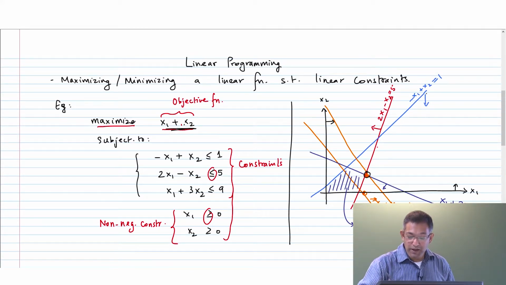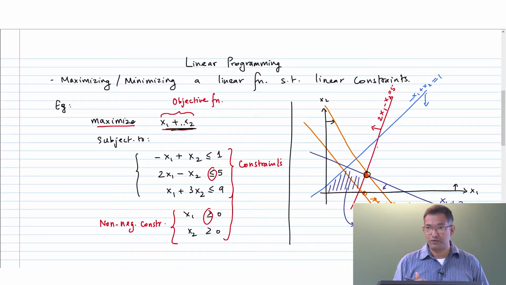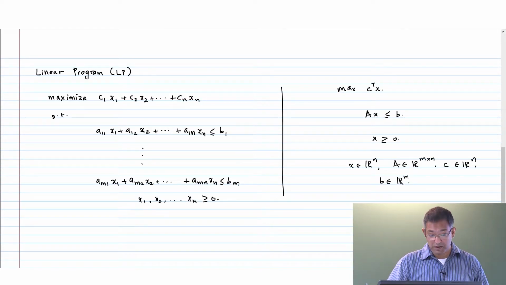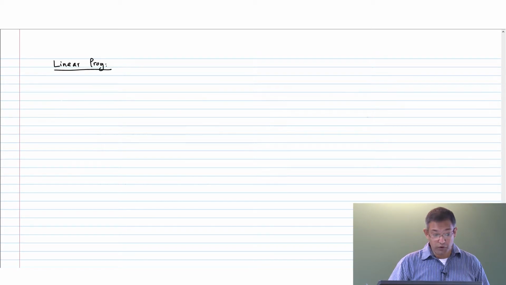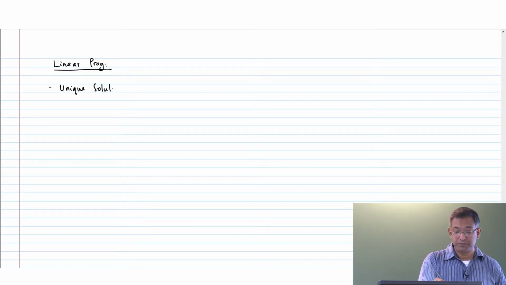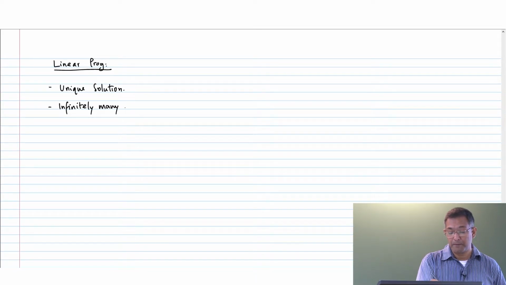Pictorially, it looks like this is the optimal solution, and let us believe that that is true. But is that always the case? That is not true. Various situations can happen. There is a unique solution, there are infinitely many solutions, or there could be no solutions.